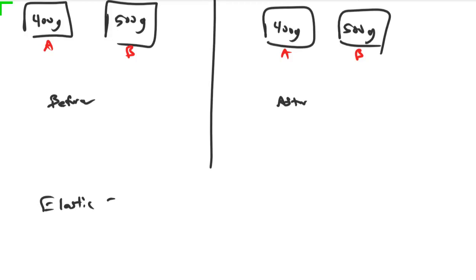And the conservation of kinetic energy, which is what we get if it's elastic, simplifies down to just the difference in the velocities after the collision. So VB final minus VA final is equal to negative of the difference in their velocities before the collision. So negative of VB initial minus VA initial.